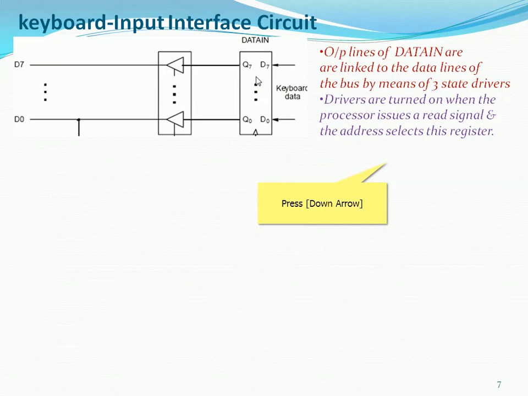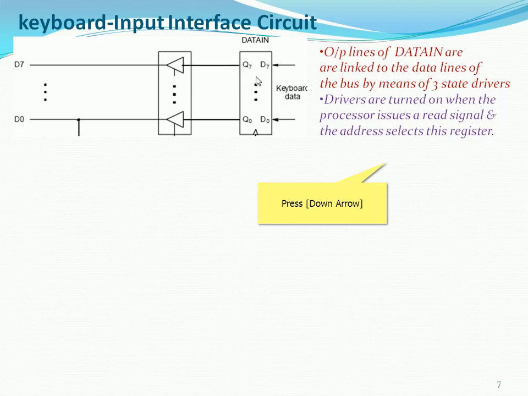The output lines of data, 8 lines, are linked to the data lines on the bus by means of a 3-state driver. Sometimes you can also call it a 3-state buffer. The input comes from this D flip-flop.